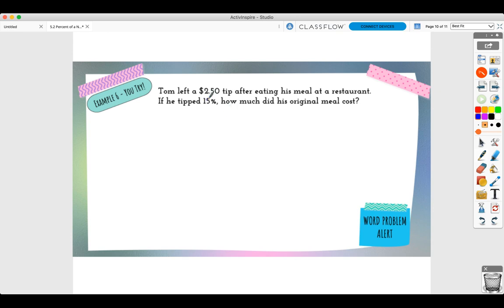Okay, so this is saying 15% of the original meal is $2.50. 15% of the unknown is $2.50. That's what this question is saying. He left $2.50. So this is going to be 0.15 times x is 2.50.